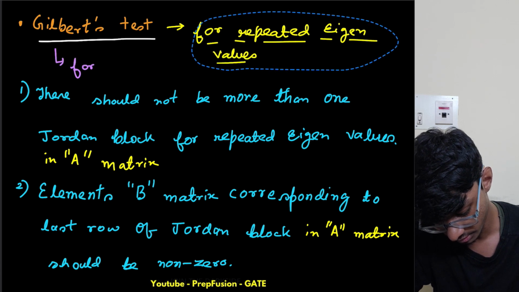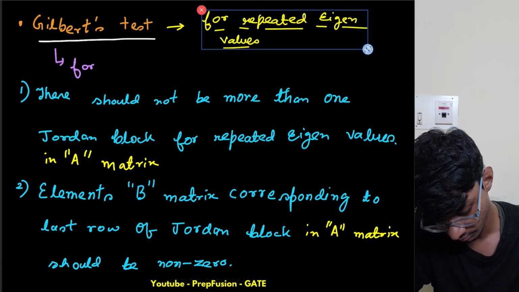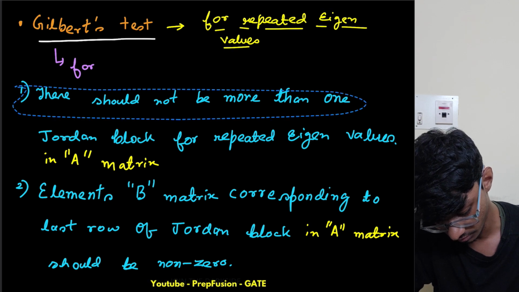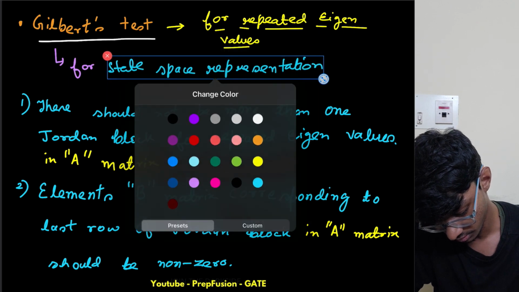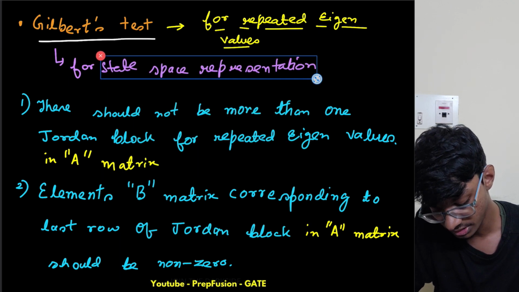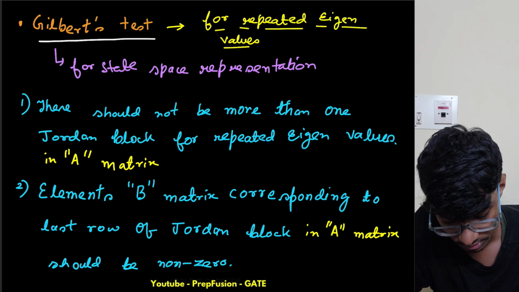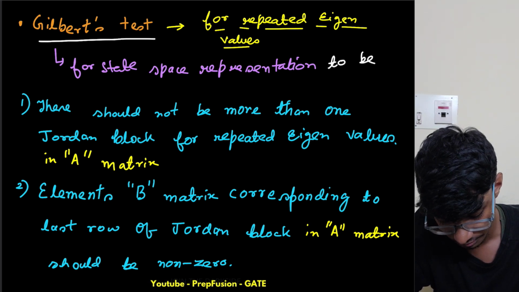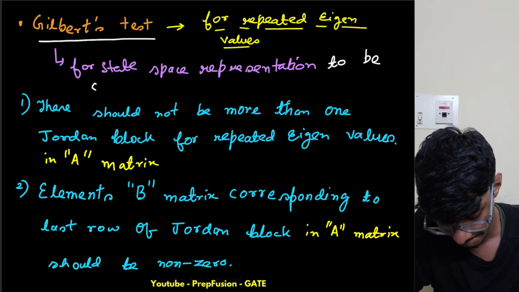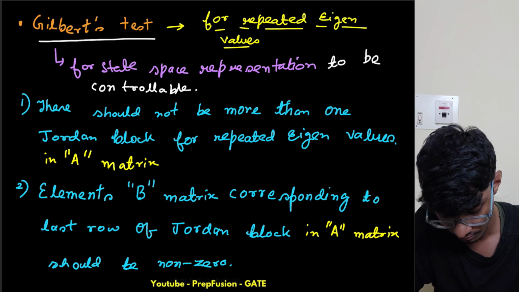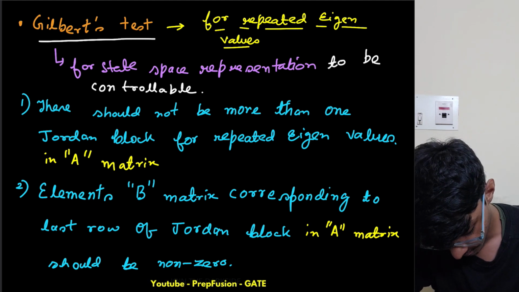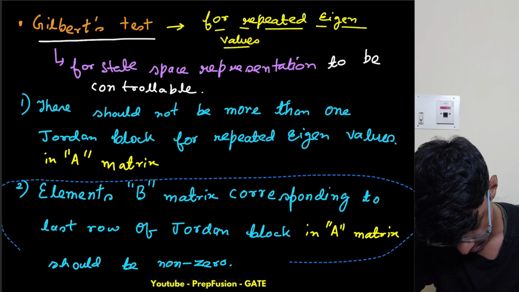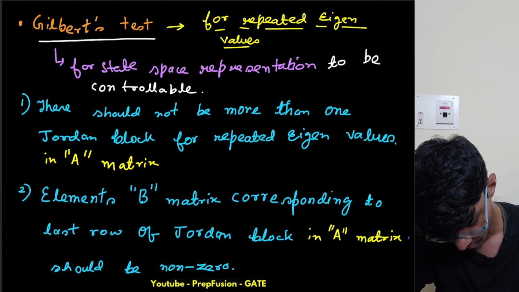Let me first reduce the size and bring it down a bit, then paste it here. State space representation to be controllable. It becomes a bit hectic here actually, so let me bring this a bit further down.